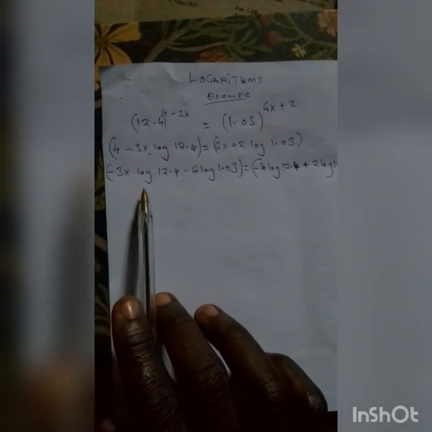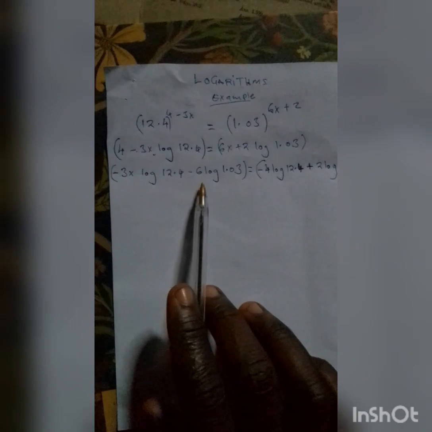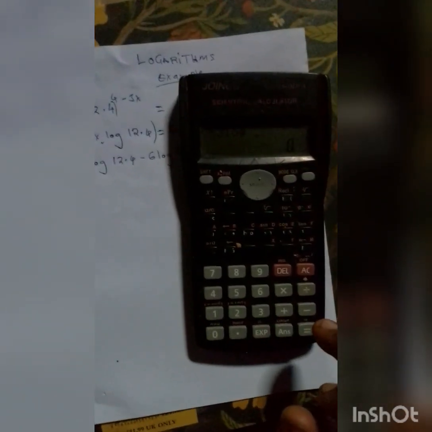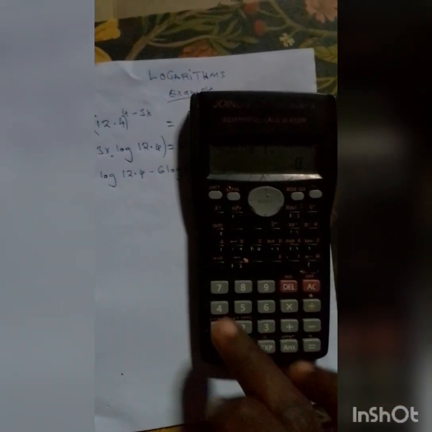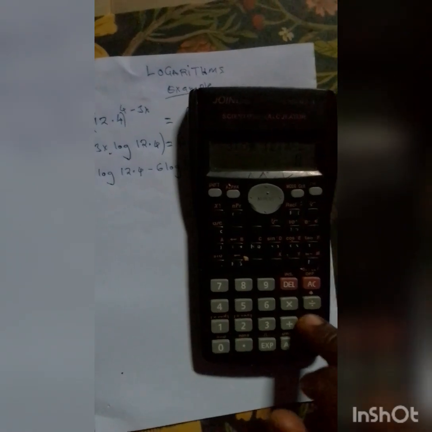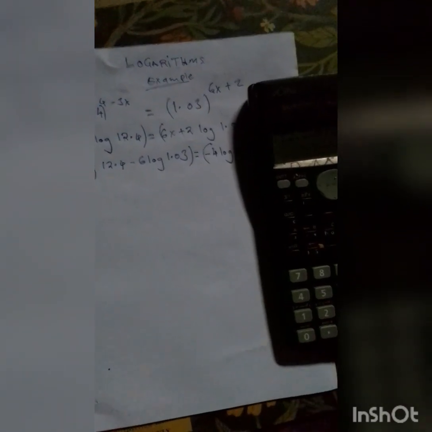Negative 3x log 12.4 minus 6 log 1.03. Now you get your calculator and you start calculating, whereby you begin: negative 3 log 12.4 minus 6 log 1.03.